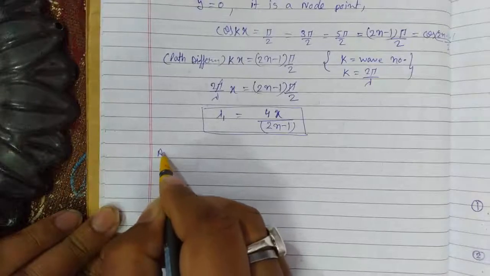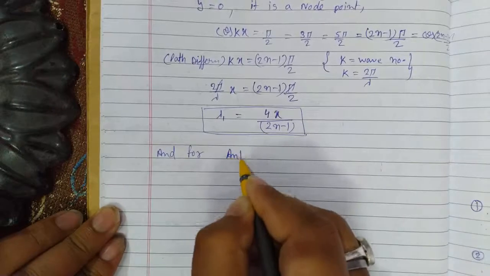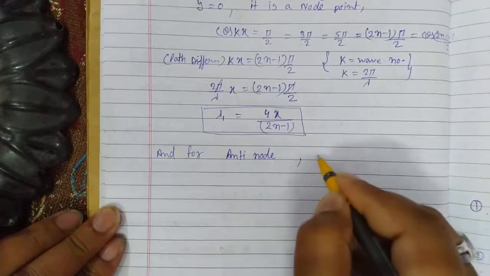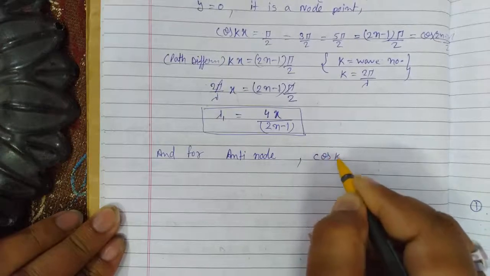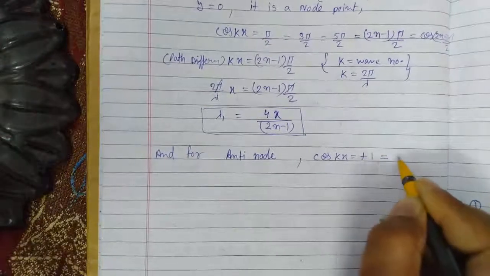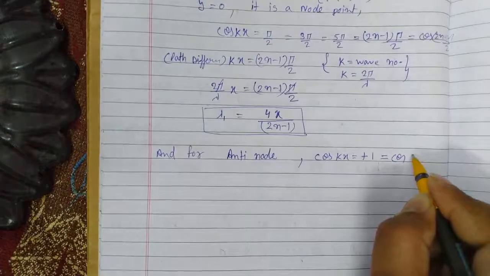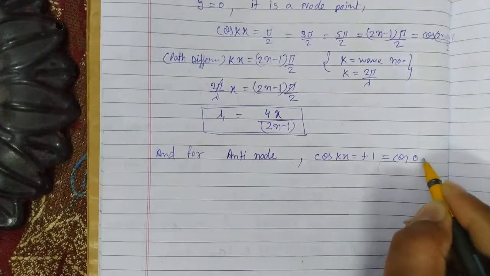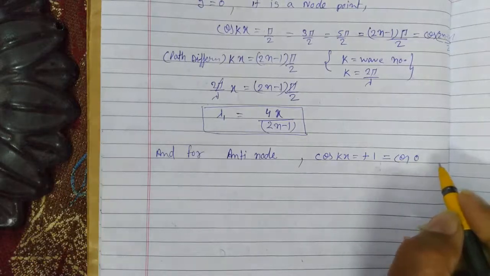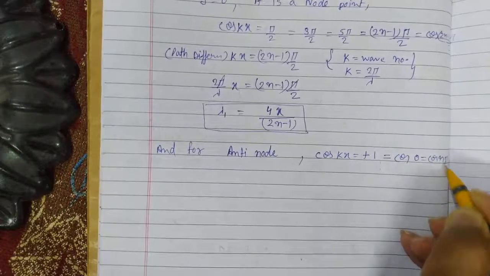And for the antinode, cos kx equals plus 1, which is cos 0, or the angle for which the value of cos is 1, cos n pi.